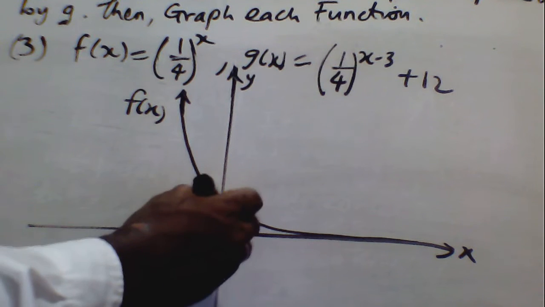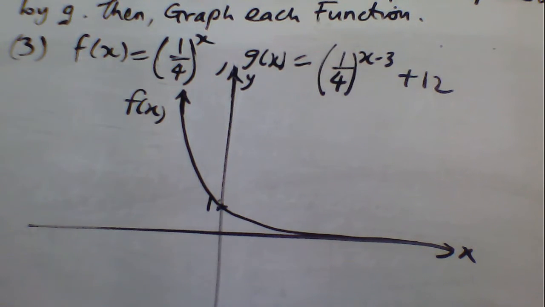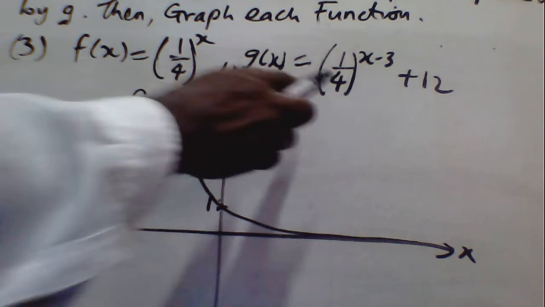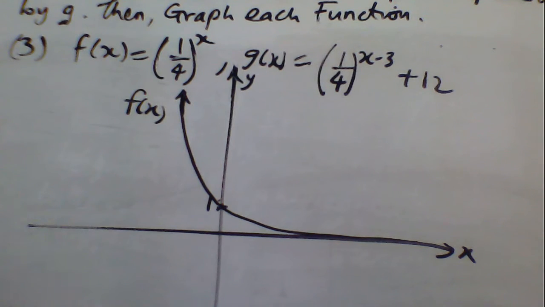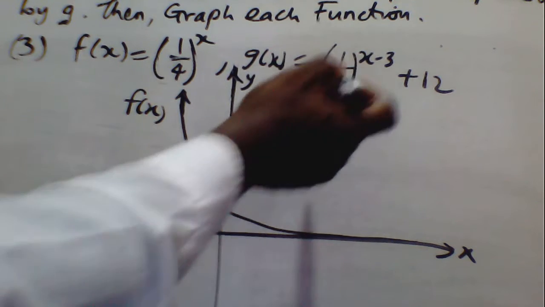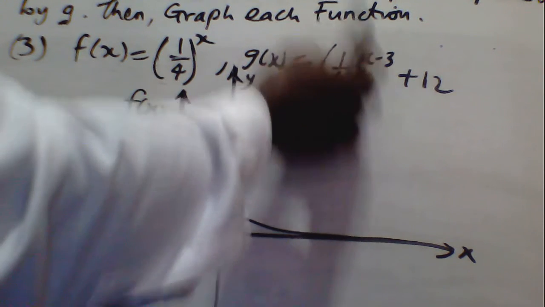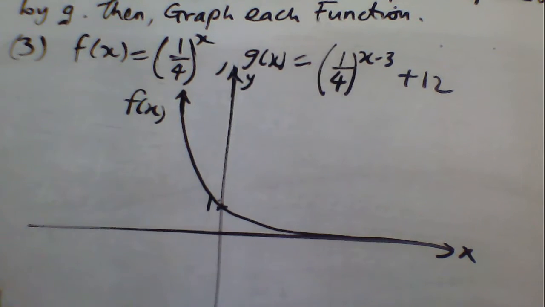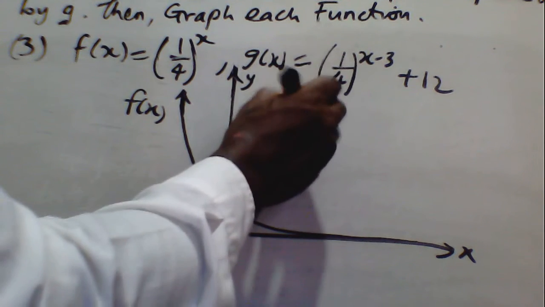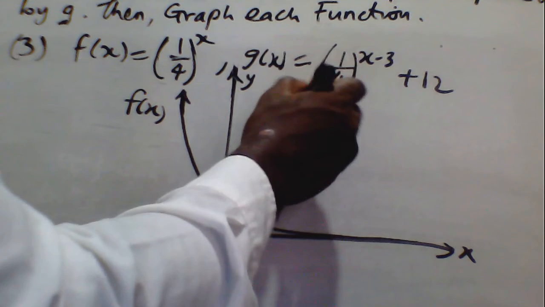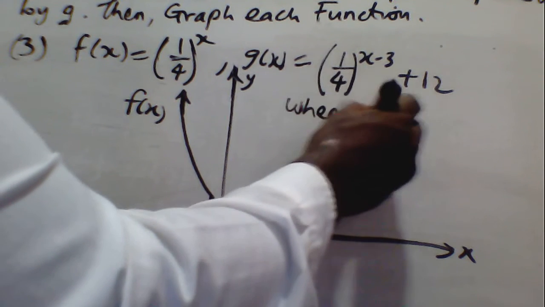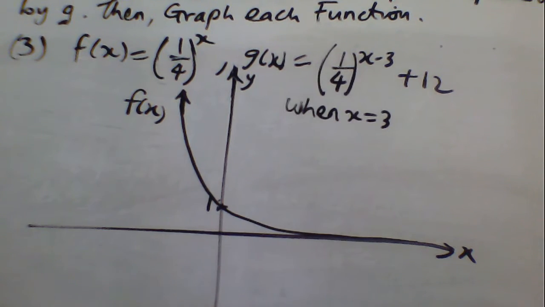This is the first thing to do. The next is to find some points for g of x. The easiest way is to look for a point where x makes the exponent equal to 0. That value is when x is equal to 3. That will enable us to find the base point that gives us a clue of how the graph is going to look.